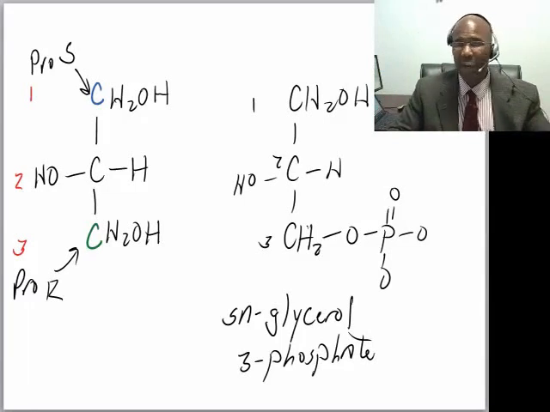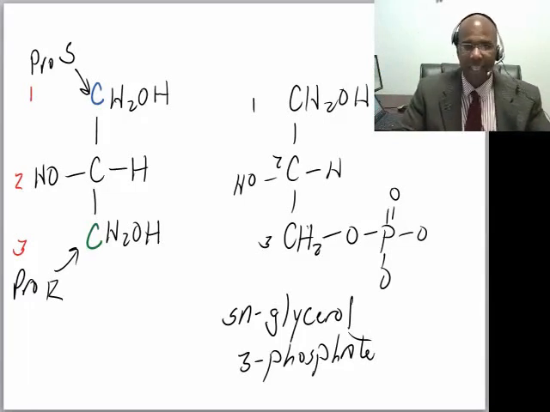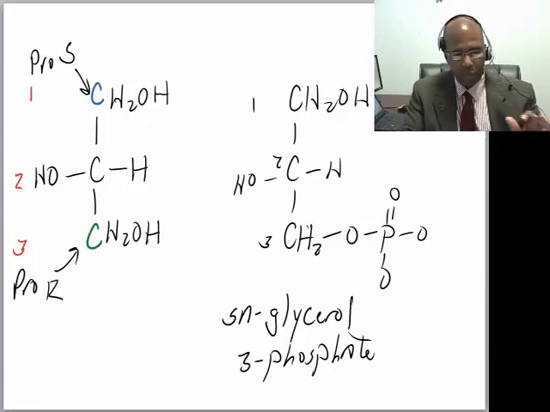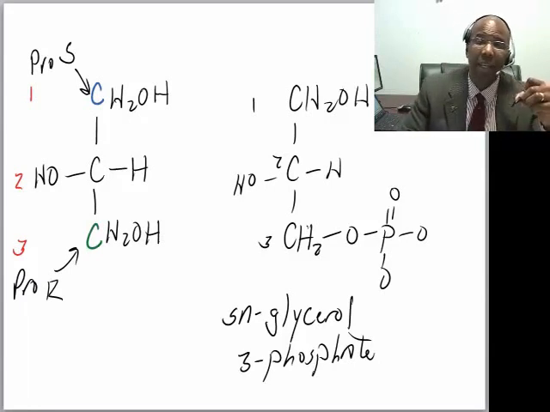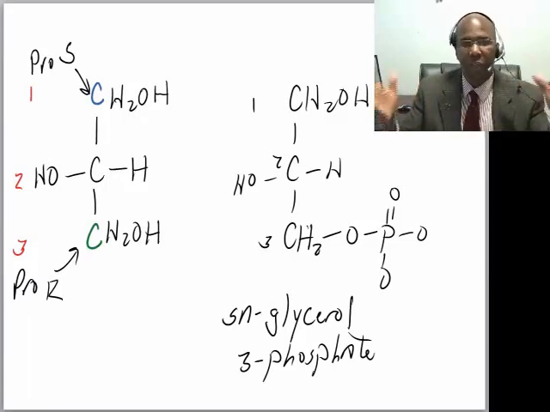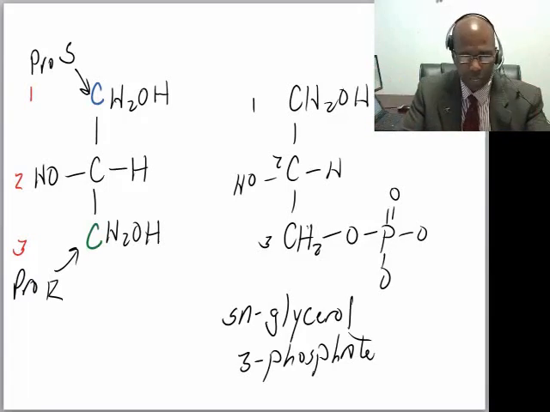You don't have to worry about D or L. It's always SN, because you have to use stereochemistry to figure out which carbon is 1, which carbon is 2, which carbon is 3. We've already gone over this part, but again, if the carbon gives you an S configuration when increased in priority, that's the pro-S carbon.